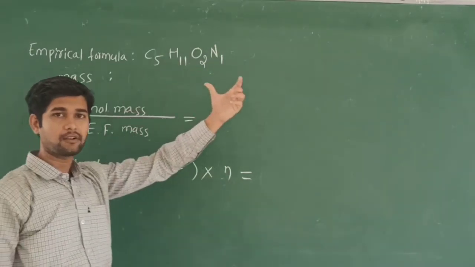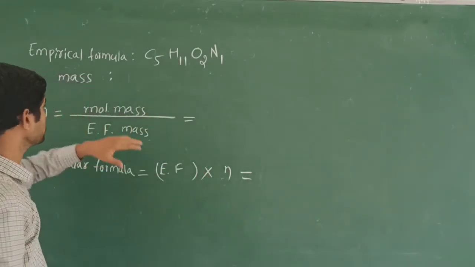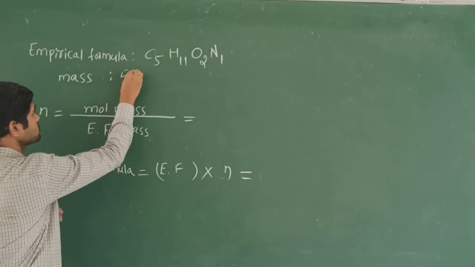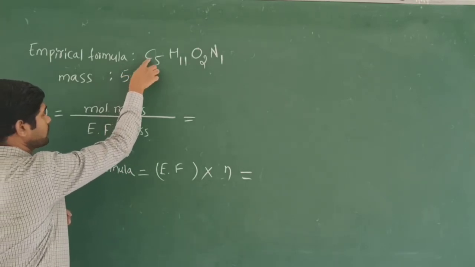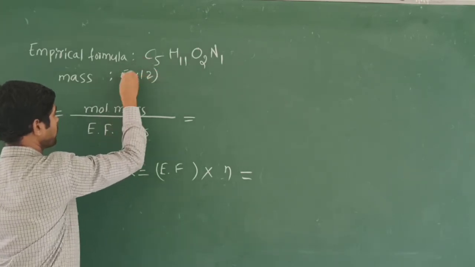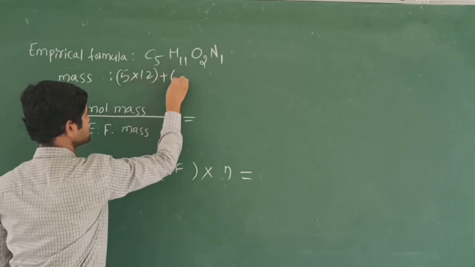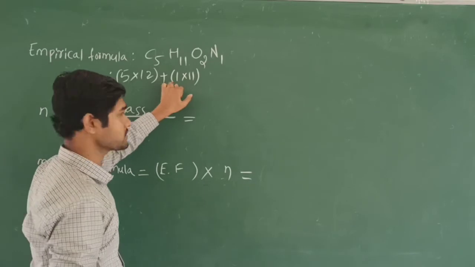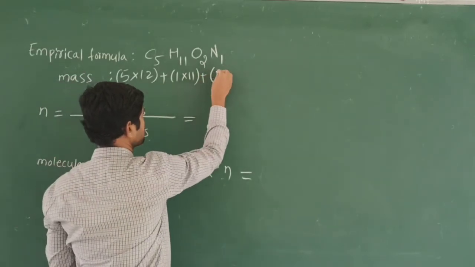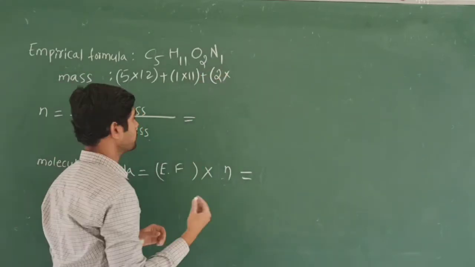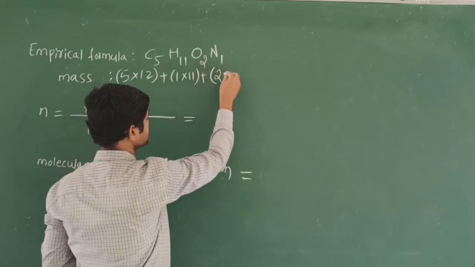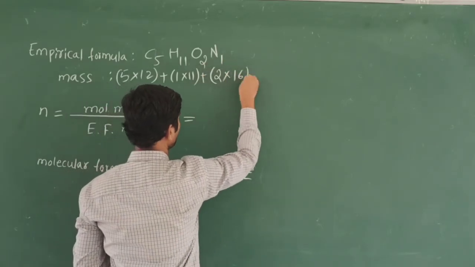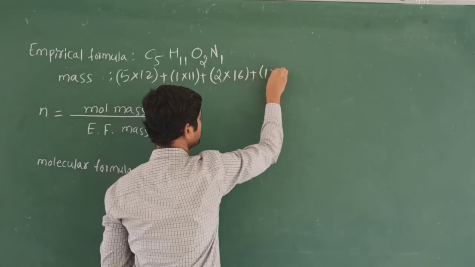We find the empirical formula mass: 5 carbons with atomic mass 12, so 5 into 12, plus hydrogen 1 into 11, plus oxygen 2 times 16, plus nitrogen 1 into 14.